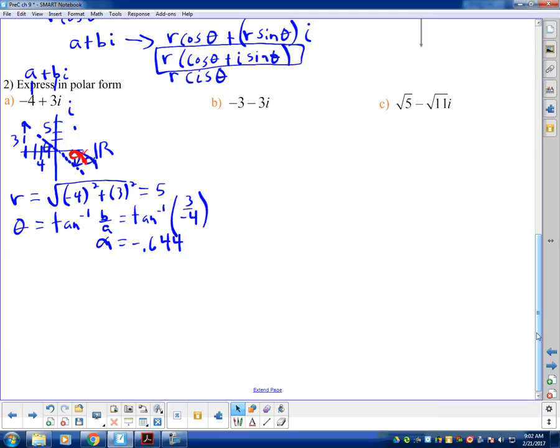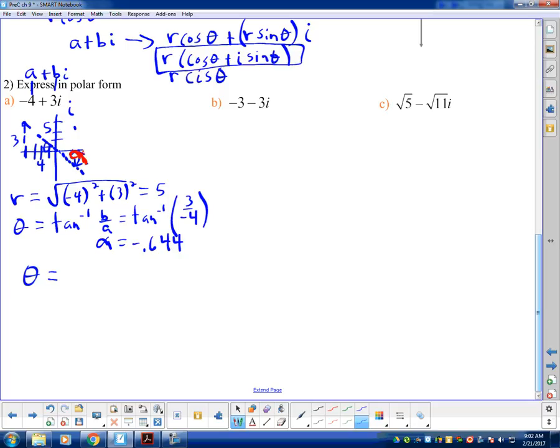All right, so what is theta actually equal to then? What do I have to do to get theta over there? Add 180, yes. And what is 180 degrees equal to in radians? Pi.